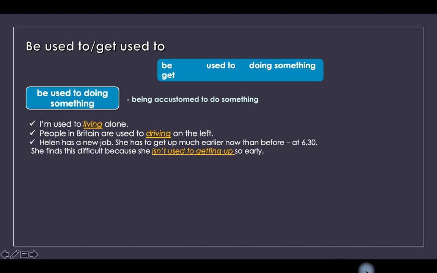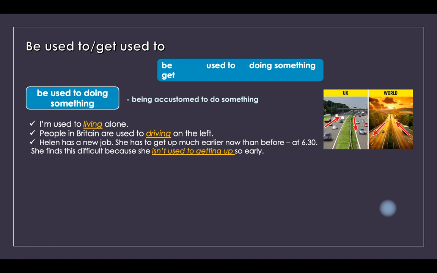Now, what are the examples? I'm used to living alone. So it basically means in Turkish, yalnız yaşamaya alışkınım. Alışkın olmak.